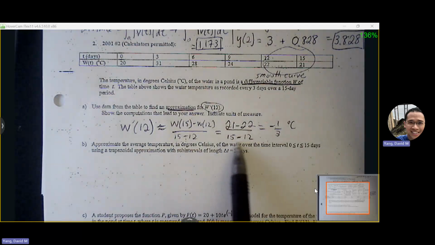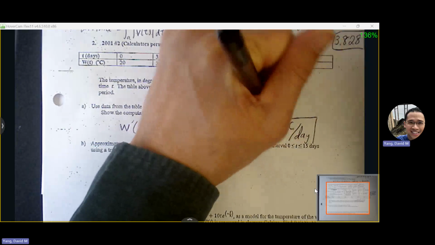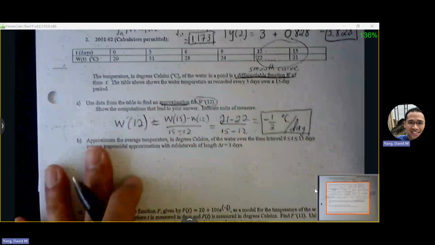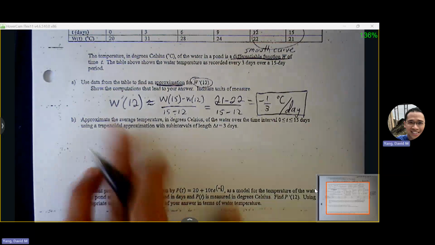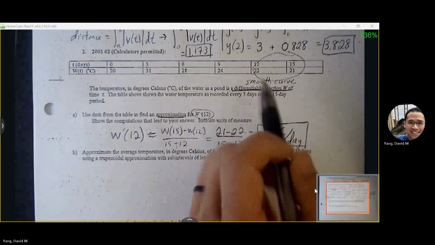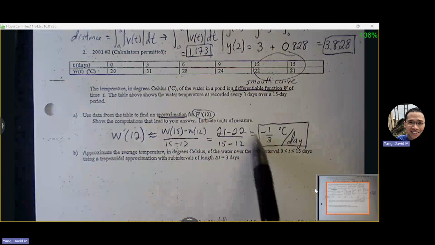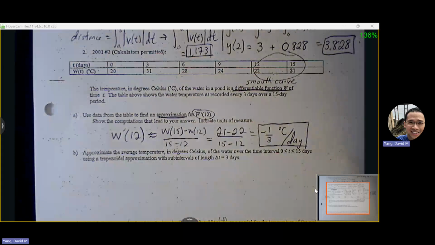What does the 15 minus 12 represent? Per day, right? It's a rate. So our units also represent that slope feel to it. So this tells us that on the 12th day, the temperature is decreasing by a rate of 1/3 degrees Celsius per day, approximately.